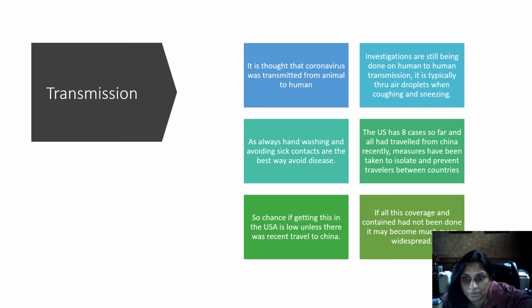So as always, you want to wash hands, avoid sick contacts, and maybe crowded areas, and certainly avoid travel to China. So the U.S. has actually now 11 cases, and travel from China to the U.S. has currently been suspended. Measures have been taken to isolate and prevent travelers between the countries.